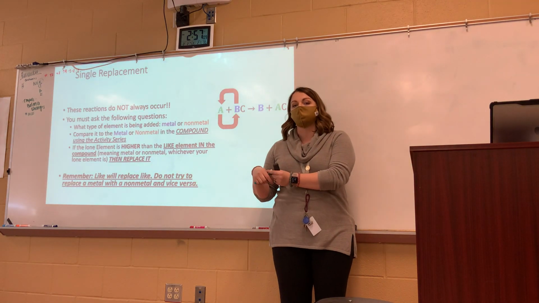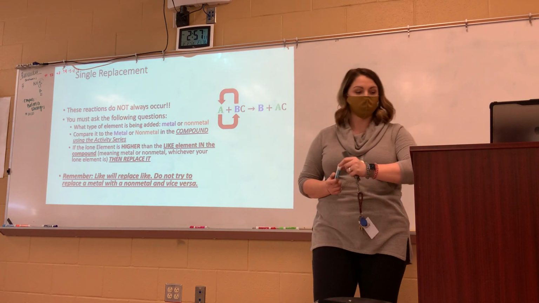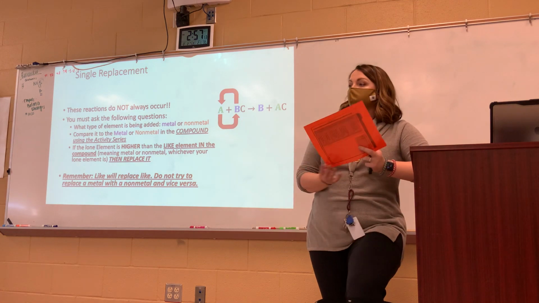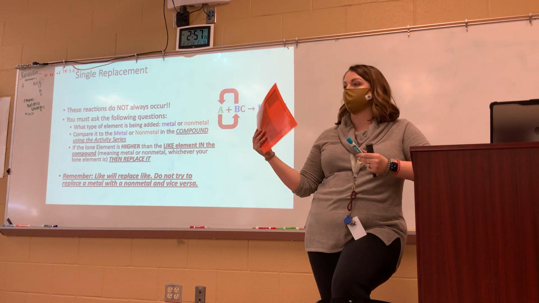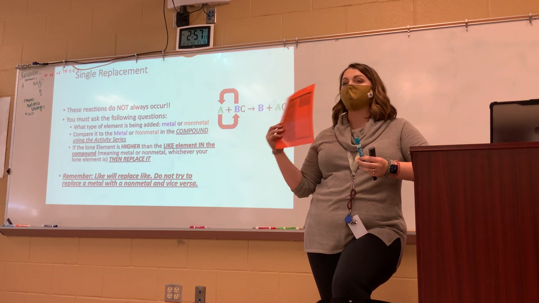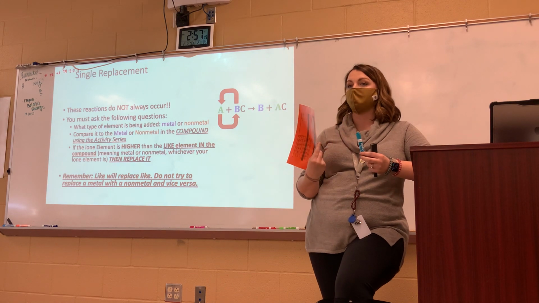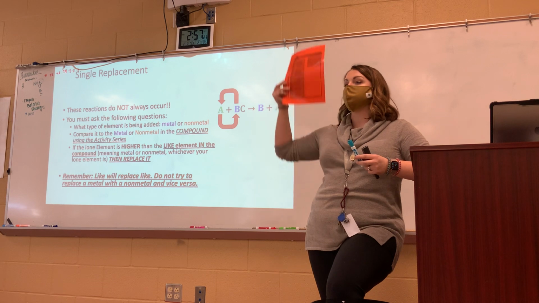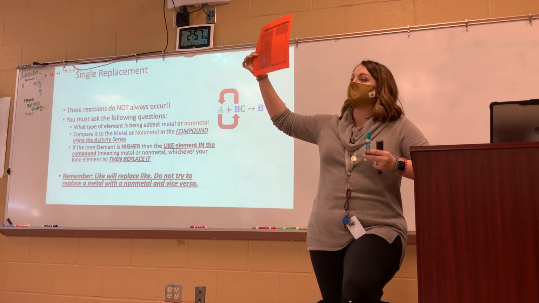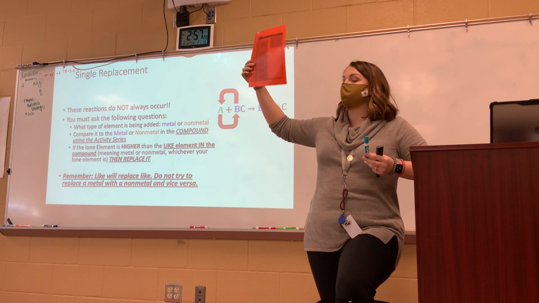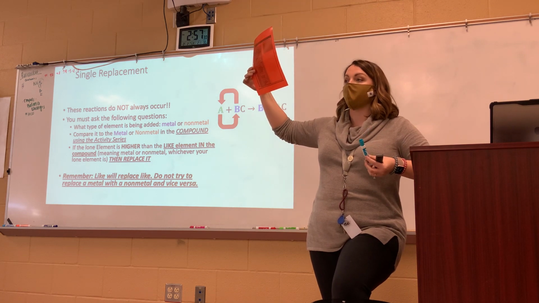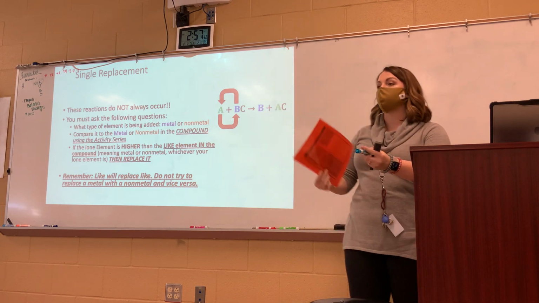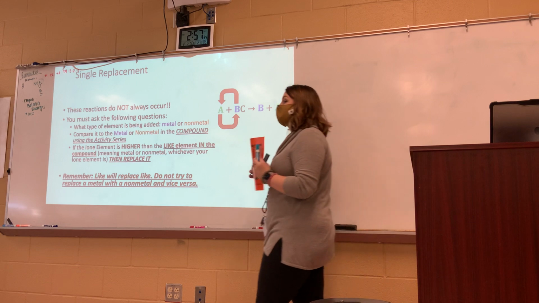So look under your desk and get the orange sheet. The orange sheet has 2 sides to it. One is for single, one is for double. The single one is the up and down one. The activity series is comparing reactivity of elements.